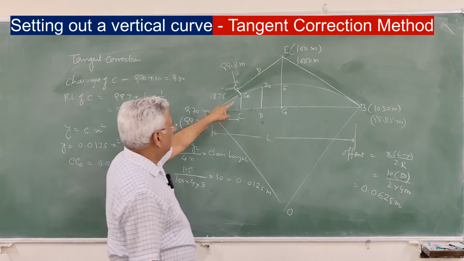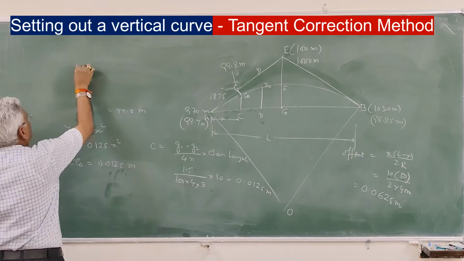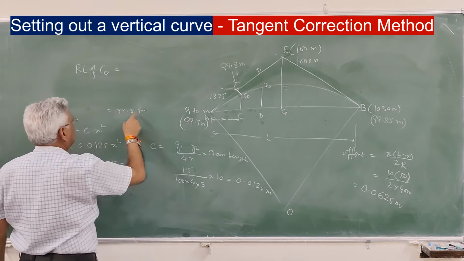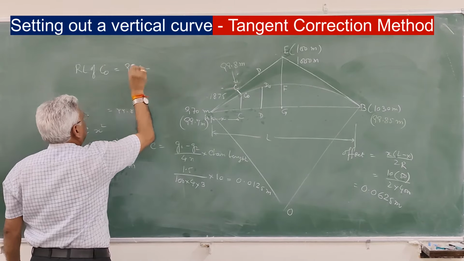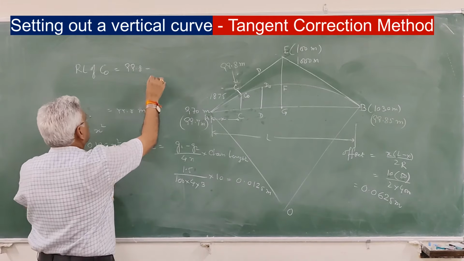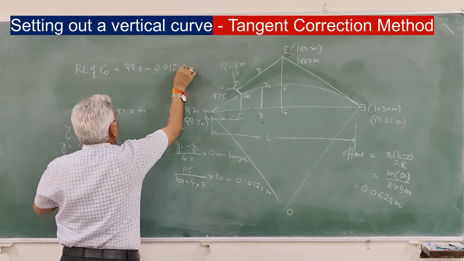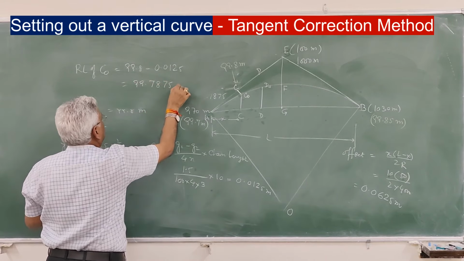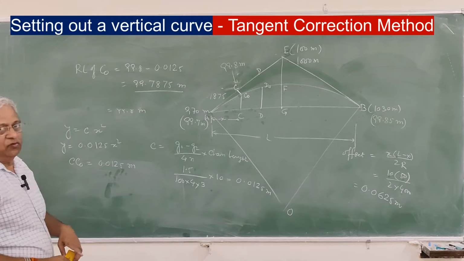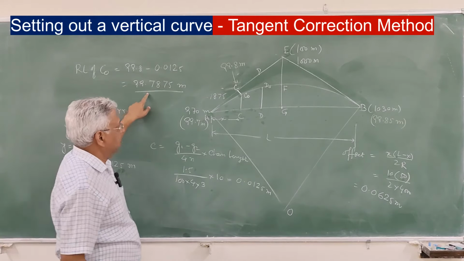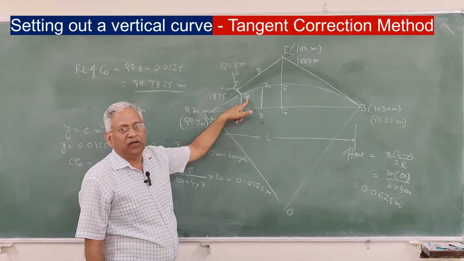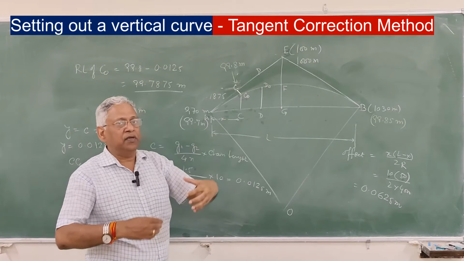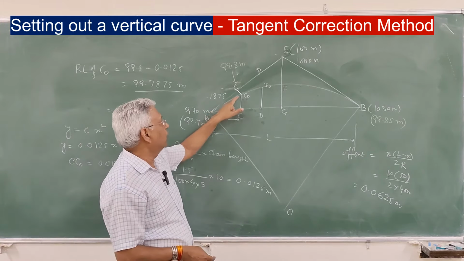And therefore, the RL of C0, RL of C, that is 99.8 meter, minus this correction 0.0125 meter, and that is 99.7875 meters. And if you check, this is exactly the same as what we got from the chord deflection method. So the purpose of setting the curve is to get the RL of all these points on the curve.